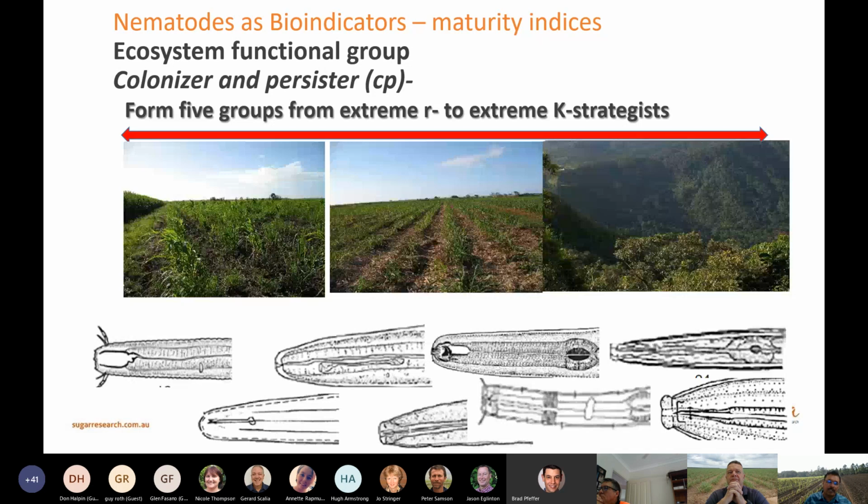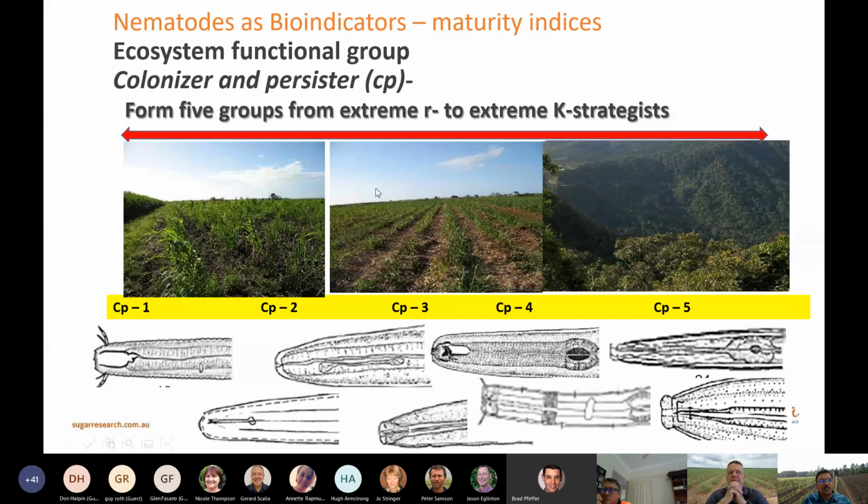But the nematodes in one environment are not the same as the nematodes in another environment. It depends on what type of nematode you have, and on the environment of this particular soil or place. So we use a formula we call colonizer and persister type nematode. What does it mean?